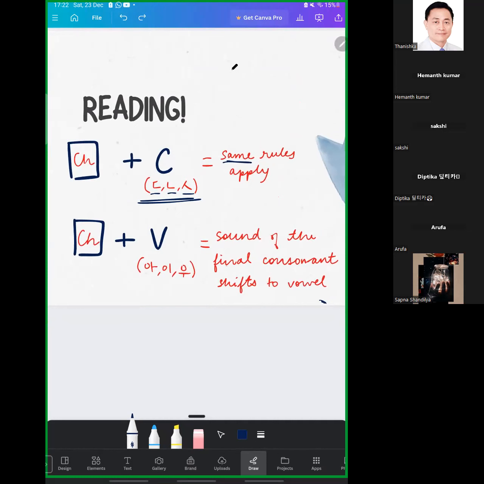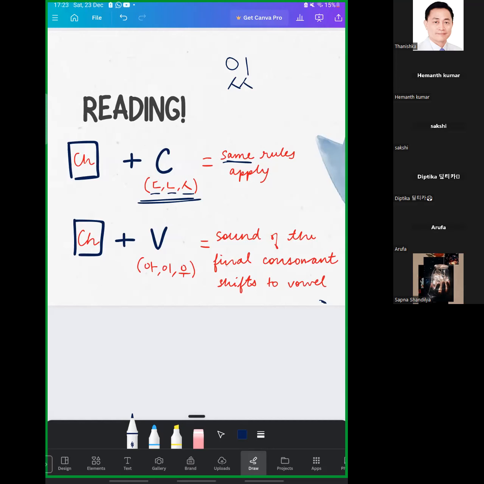So let's try this. Sakshi, how would you pronounce this? Are you sure? Check the rule for that final consonant.